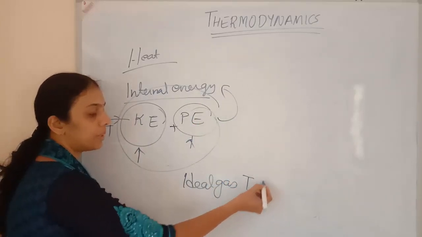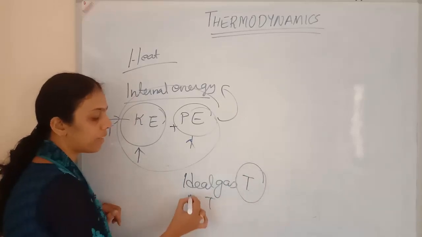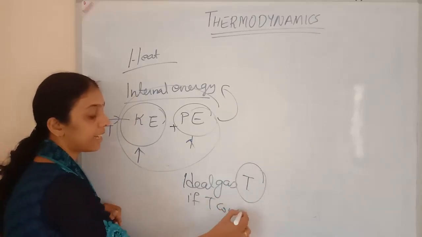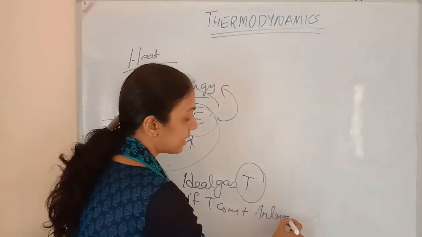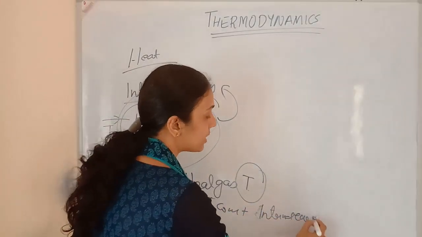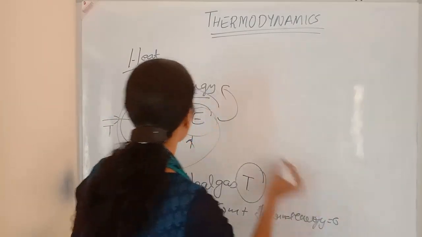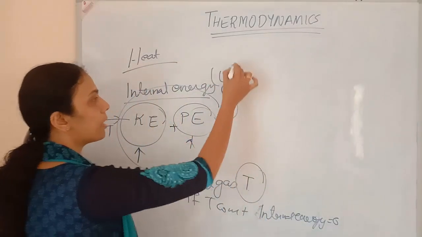If temperature is constant, then the change in internal energy will be zero. Internal energy we represent with the symbol U.